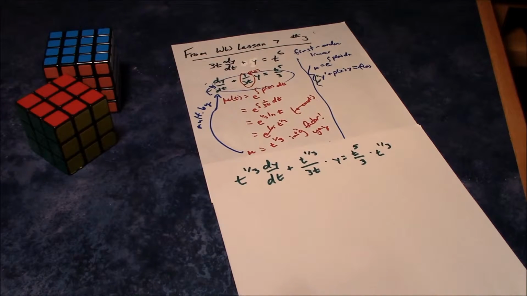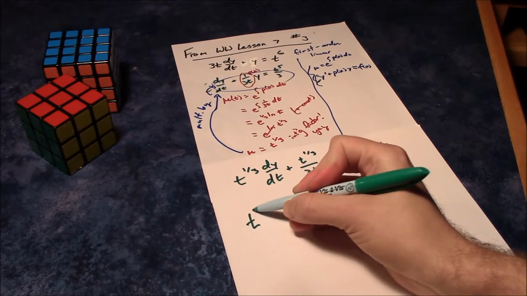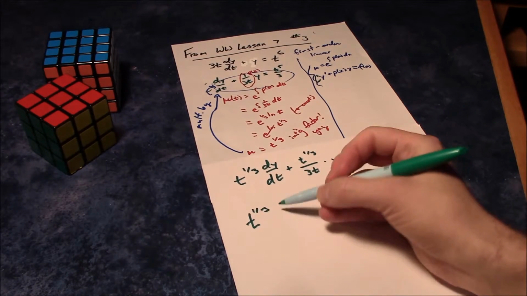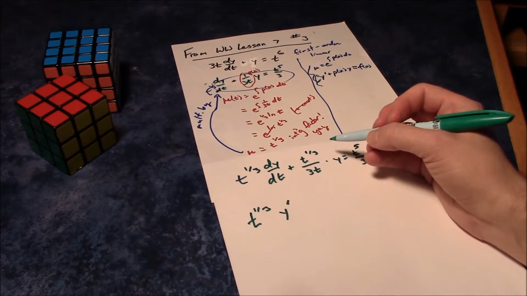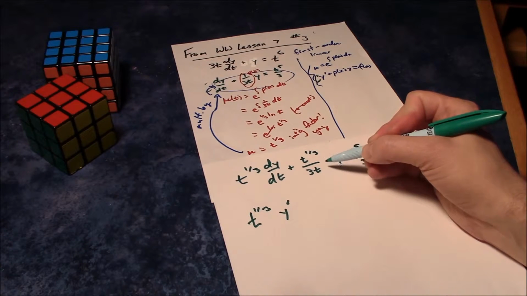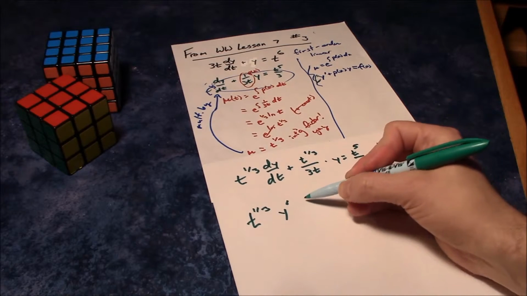And let's clean this up just a little bit. So we have t to the 1/3 y prime plus t to the 1/3 divided by t, which is t to the 1/3 minus 1, which is t to the negative 2/3.